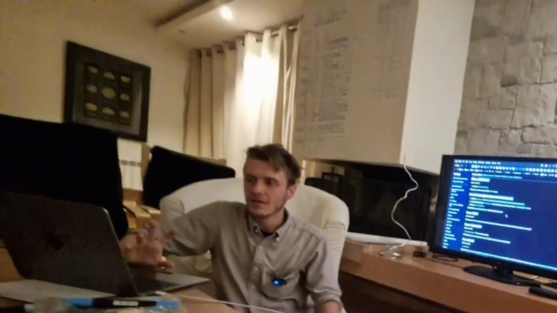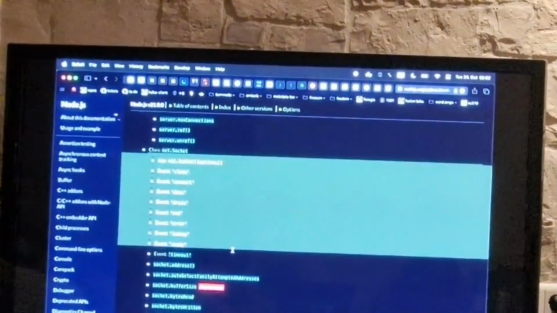This would be the netcat listen equivalent, and provide a port. And on the connecting side, you would create a net.Socket, and this would then connect to this other device. So we could have done the exact same thing as netcat with Node. It would just have taken longer and have, I guess, me making mistakes, but it works the same.